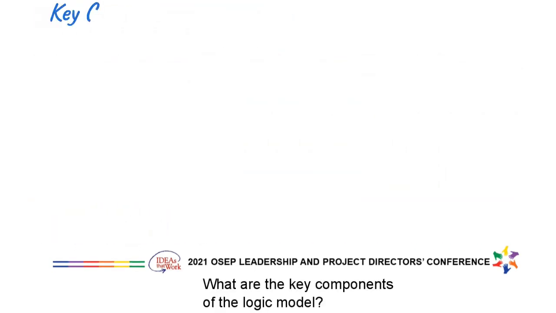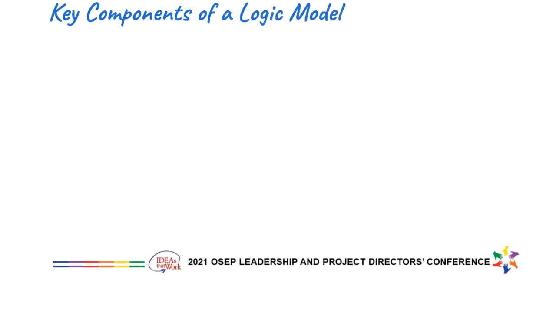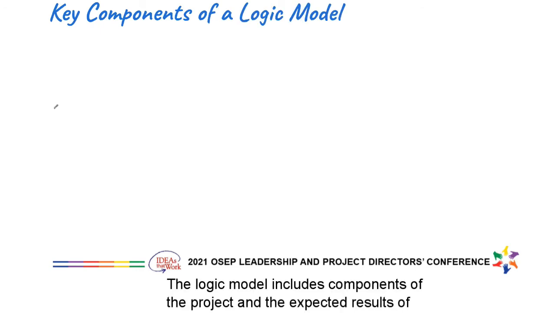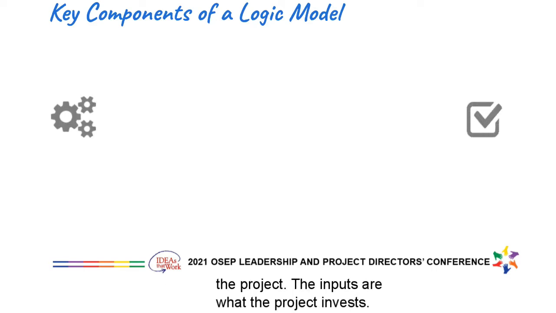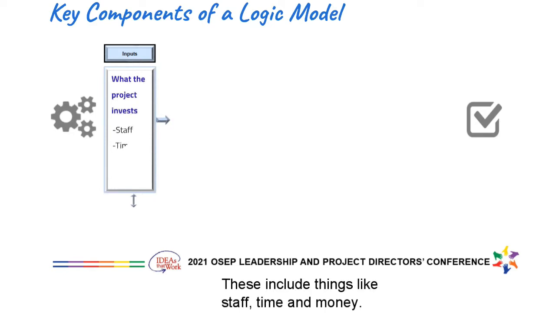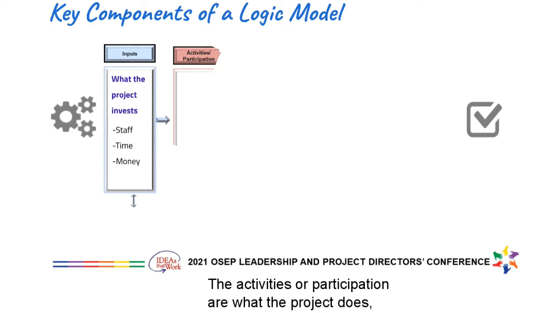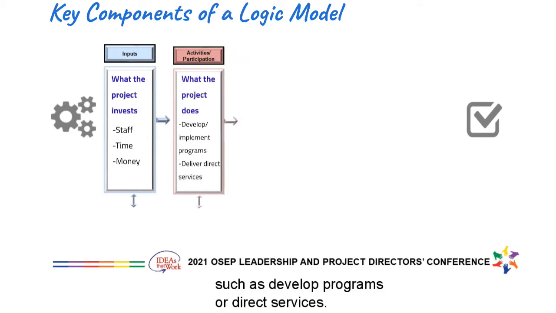What are the key components of the logic model? The logic model includes components of the project and the expected results of the project. The inputs are what the project invests. These include things like staff time and money. The activities or participation are what the project does, such as develop programs or direct services.